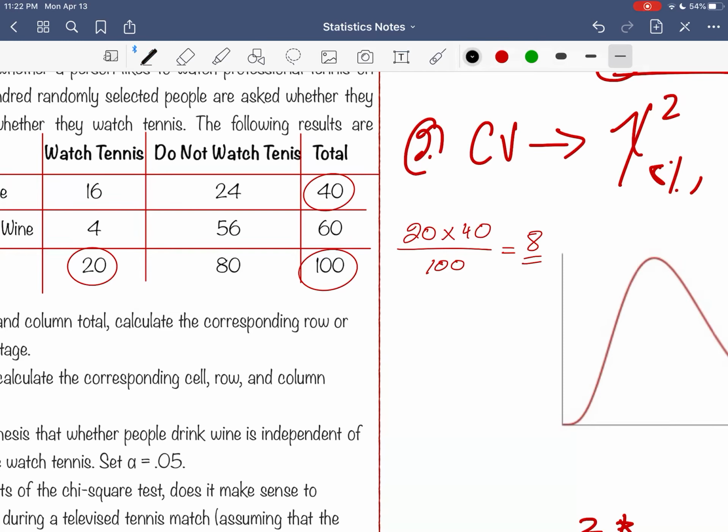So I'm going to go ahead and write it in green. And so here it would be 8. So this is your expected. This is your observed. Doing the same thing for the rest of them. We have 12, then you have 32, and then you have 48.